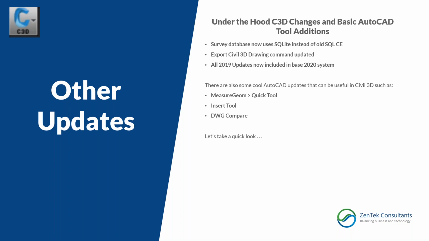Just go to autodesk.com, it's under your standard download site for your contract. But you're going to have to process that on any existing survey database that you want to use in 2020, and you need to be aware that they are not backwards compatible. Once you do it, there's no going back.